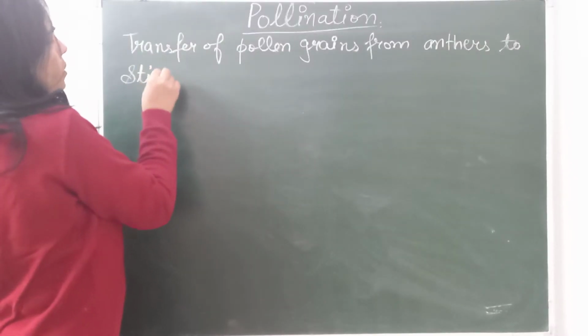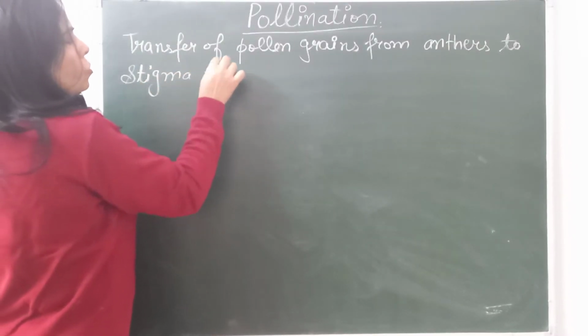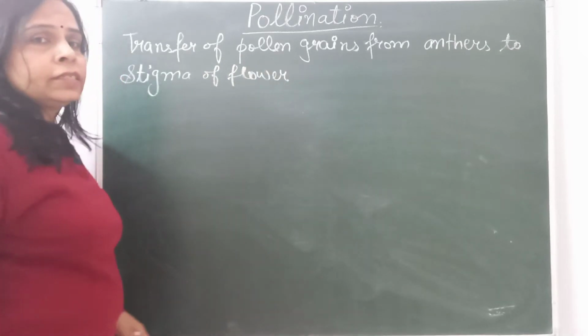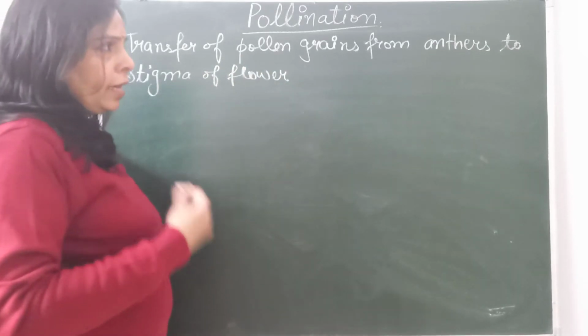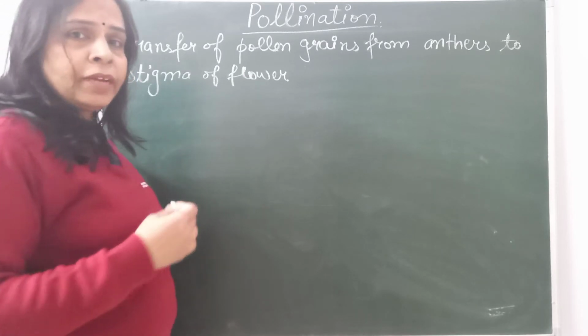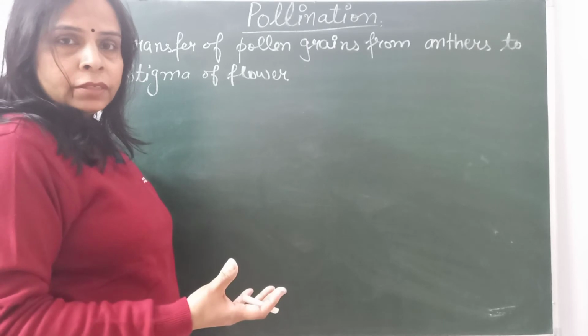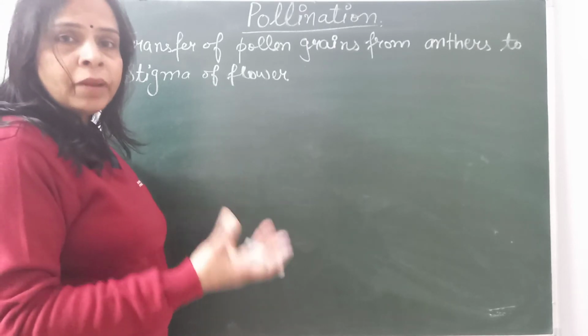This process is known as pollination. Now this anther or stigma can be present on the same flower, it can be present on a different flower, and even on a different plant.